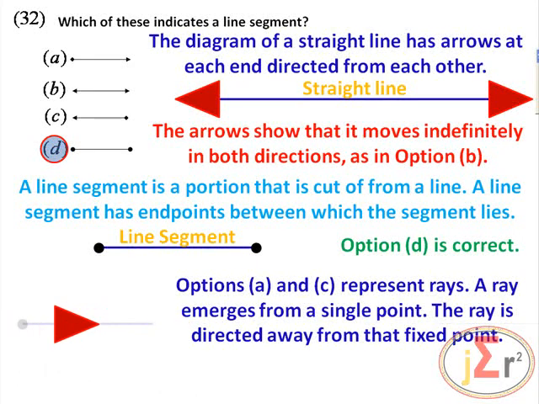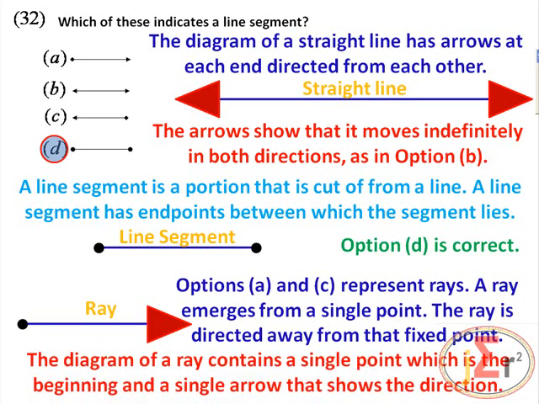It begins at one point and is directed away from that point. The arrow that we have there shows that the ray will continue forever in that direction. That's a ray.